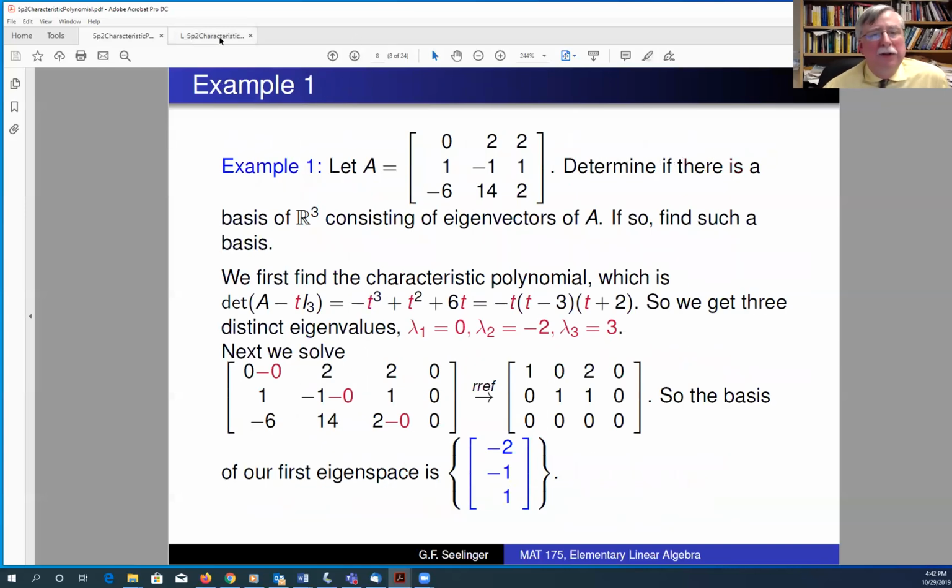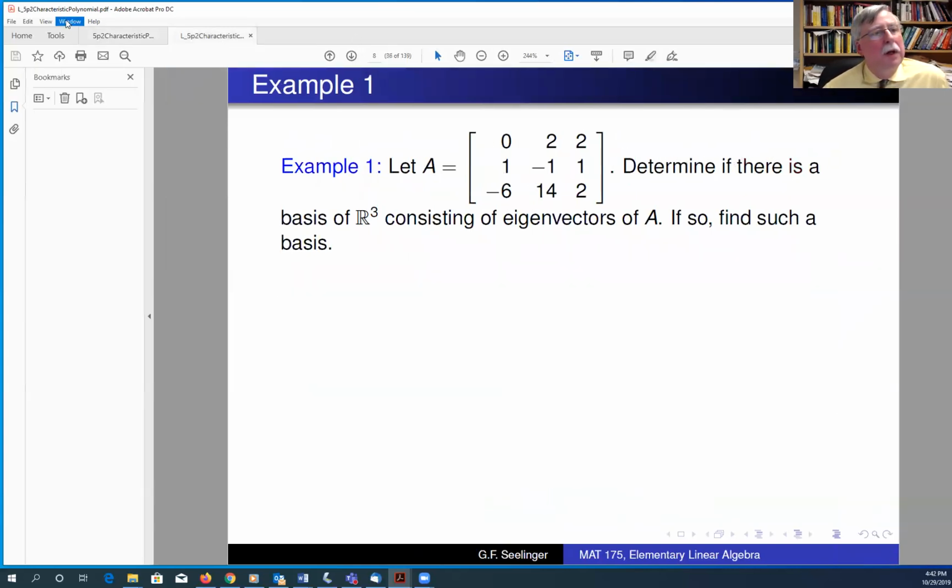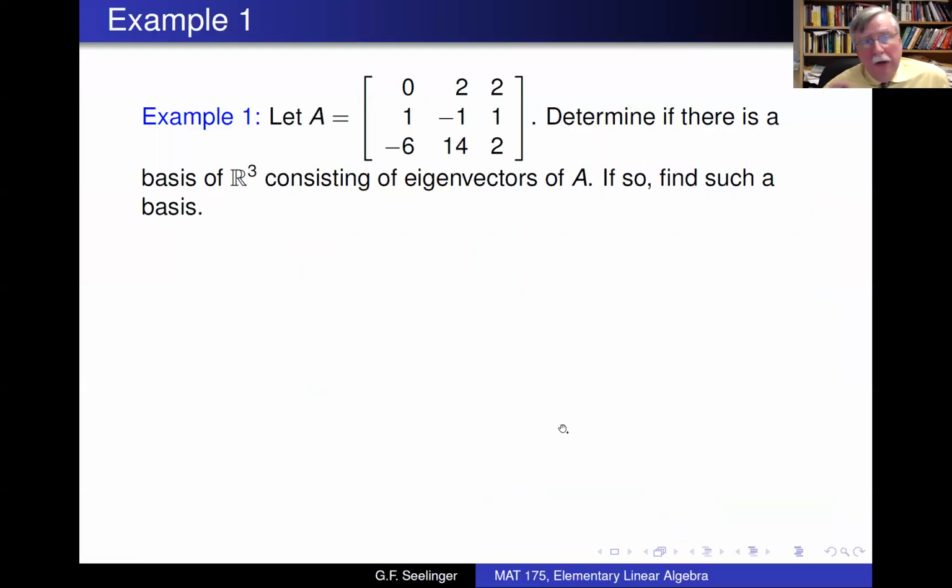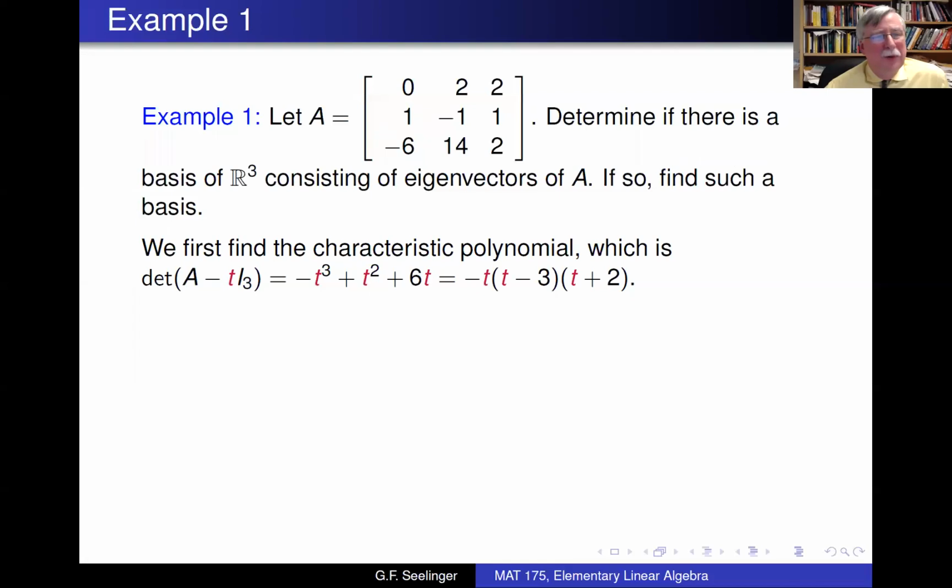And so I want to switch here to this example. We went over this example on Monday, but just to review it, how does this process work? First we subtract t off of each diagonal entry and take the determinant.